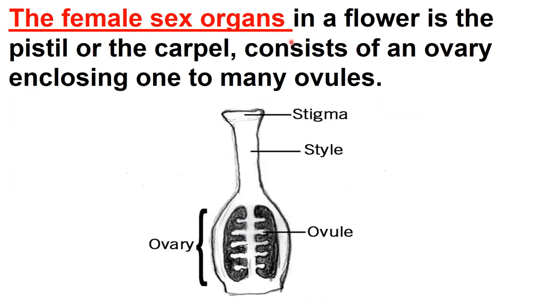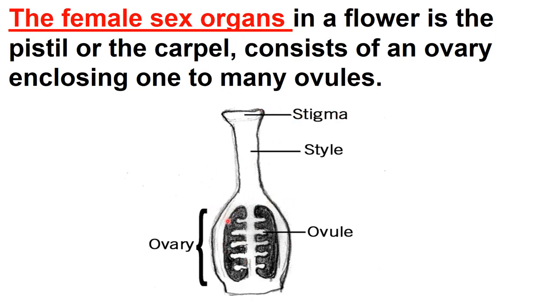Now the female sex organ in a flower is the pistil or the carpel. So what is the name for the female sex organ? That is the pistil or carpel. And this carpel or pistil consists of an ovary enclosing one to many ovules. You can see here the complete pistil or carpel structure, and the parts are stigma, style and ovary.